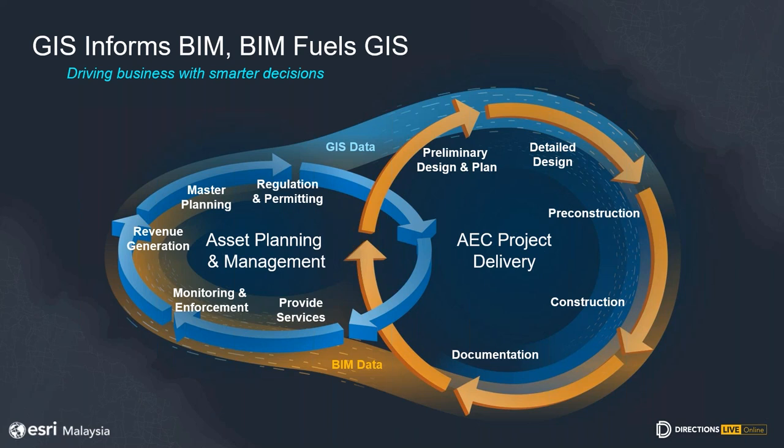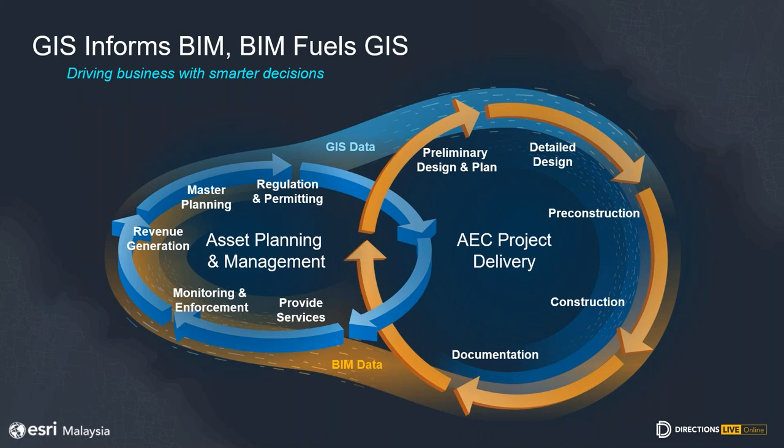On the asset planning and management side, there is information from master planning, regulatory enforcement, and even service provision, and all of this information will be useful for the AEC project delivery side, either in preliminary design, construction, and documentation.